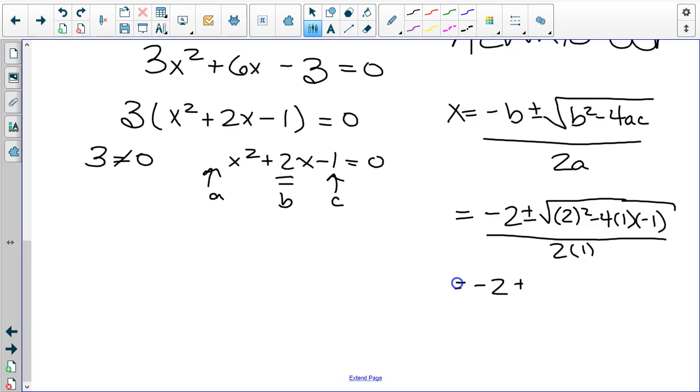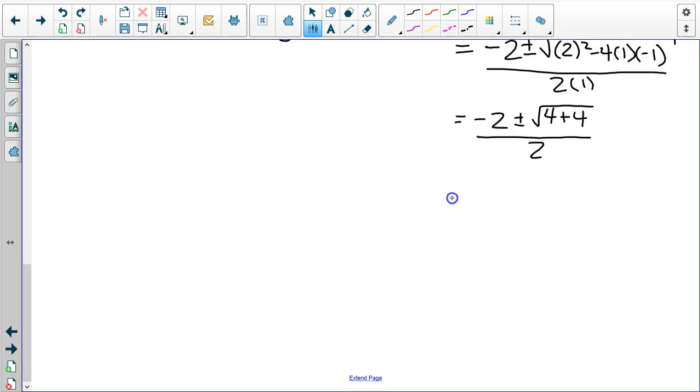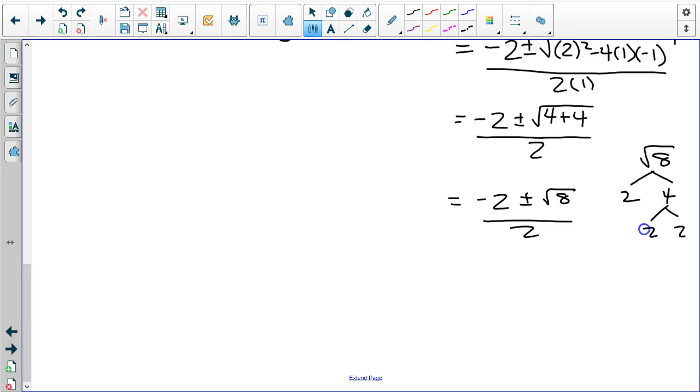So we get negative 2 plus or minus the square root of 4 plus 4, because negative 4 times negative 1 is positive, all over 2. That gives me negative 2 plus or minus the square root of 8, over 2. Do we ever leave radicals like that? No. What goes into 8? 2 and 4, but 4 is 2 and 2. It takes 2 to bring out 1.